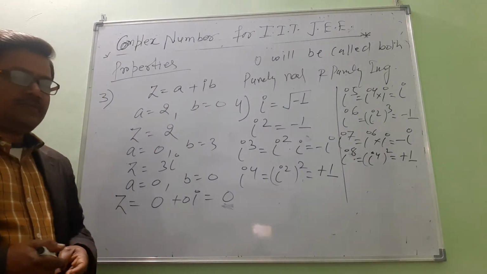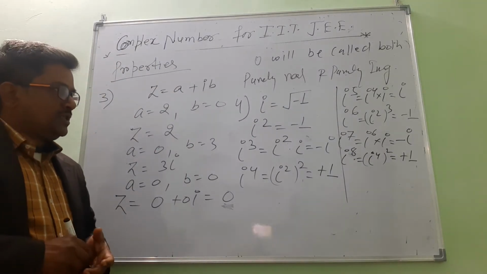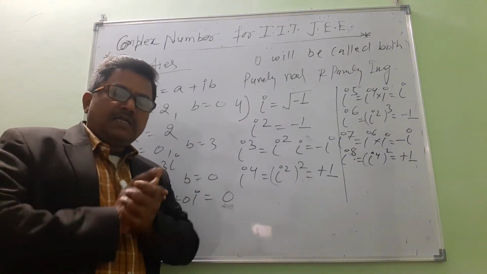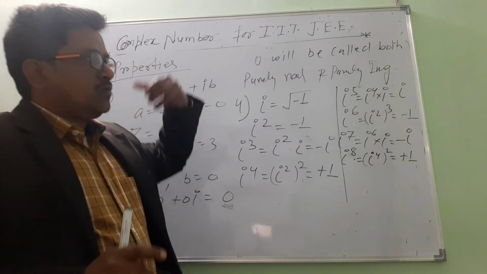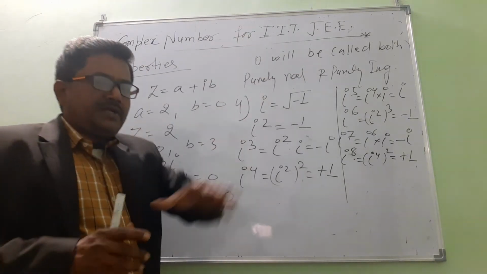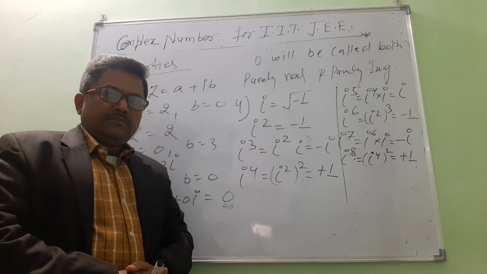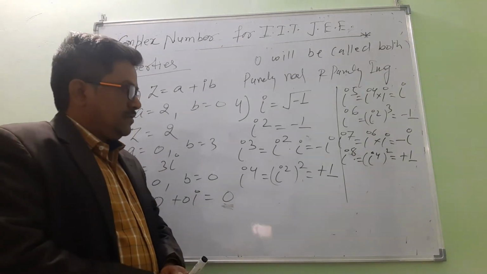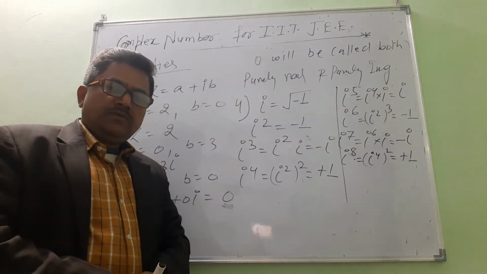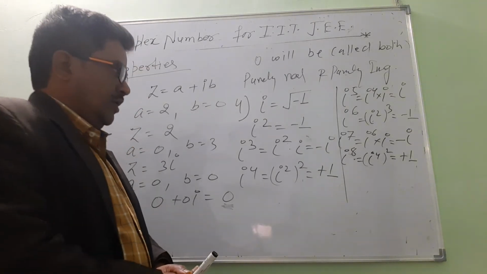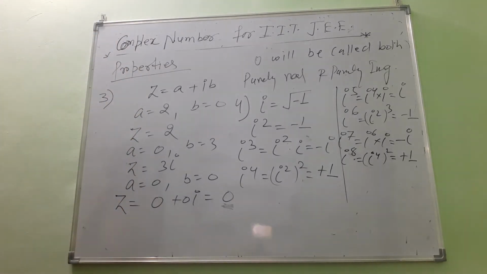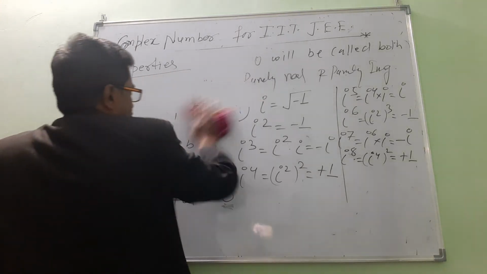Now the question arises: these are small powers. If there is a large power of iota, like iota to the power 15,483, then how will we obtain the value? So now I am going to tell you how we will get the value if there is a high power of iota.